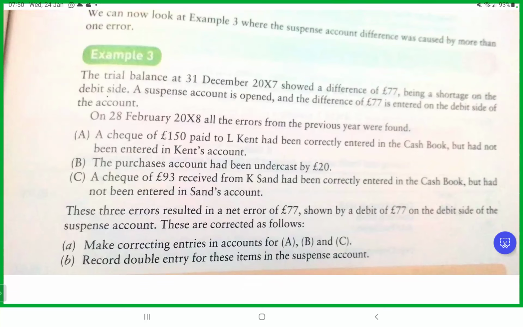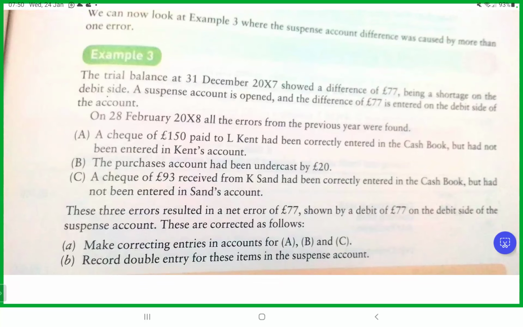So you go to the trial balance, you look at it, and you see that there is a difference actually. There is a shortage on the debit side by the amount 77 pounds.